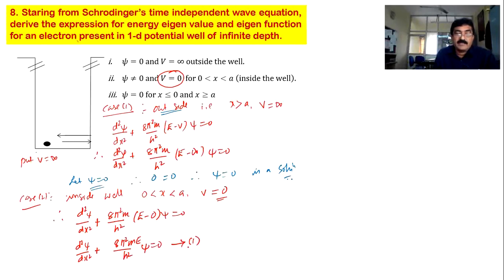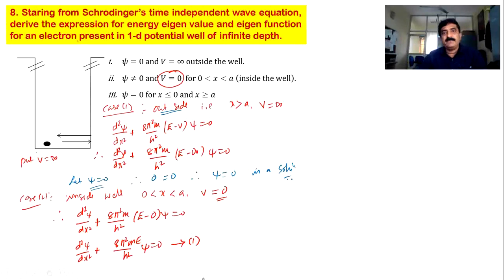I call it equation 1. Now for equation 1 also psi equal to 0 is a solution, because if you substitute 0 here, the first term becomes 0, and if you put 0 here, the second term also becomes 0. So LHS is equal to RHS.